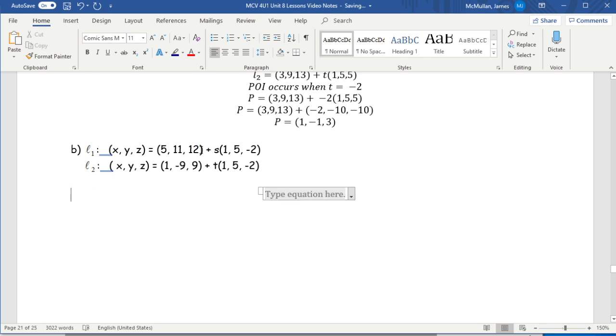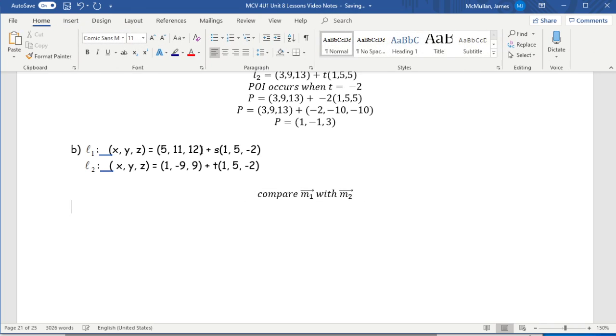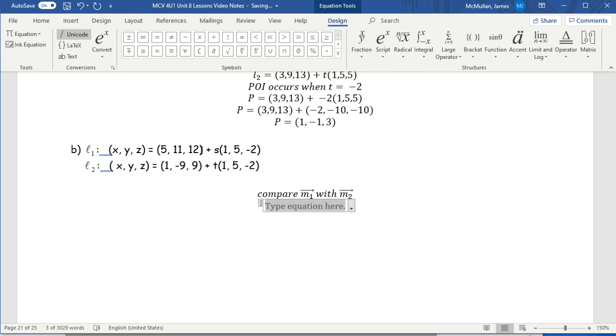The second one, again, the first thing I should always do is compare M1 with M2. And what you see here is that M1 is equal to M2.